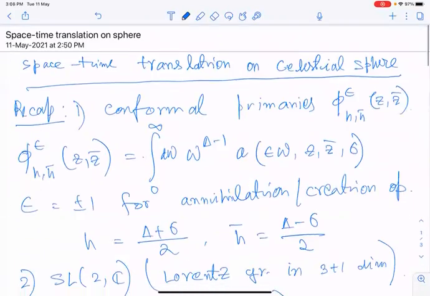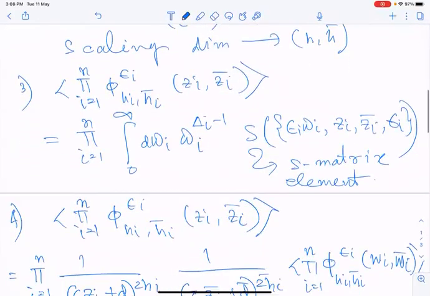This is the basic thing, and this correlation function is sometimes called the celestial correlation function, and it is essentially the object of study.